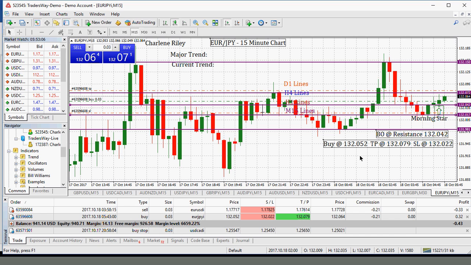But we'll give it maybe another minute or two. See, it's looking like it wants to go. It's trying to get there. And the question is, is it going to stop at this line of resistance, or is it going to break through? Right now it's holding, but it looks like it wants to break through and give us our profits.